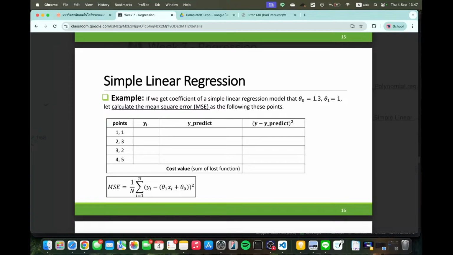Are you sure? Because you are not using the calculator. You calculate very fast. And the last one is 5 with 5.3, y predict, right? Equals 0.09.